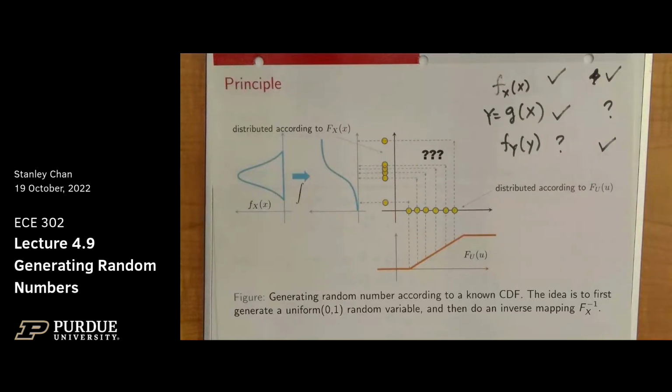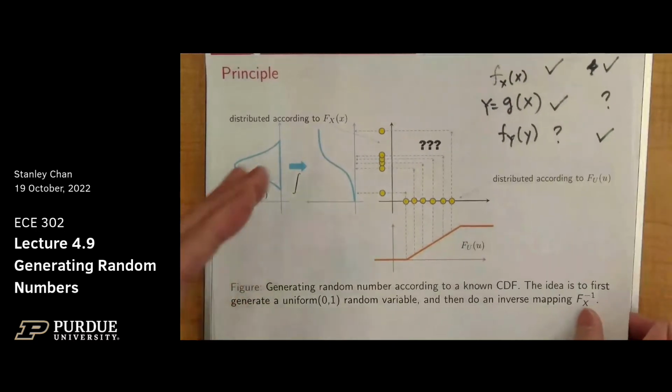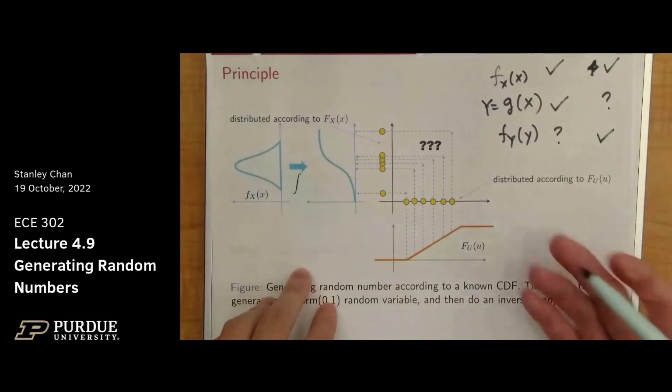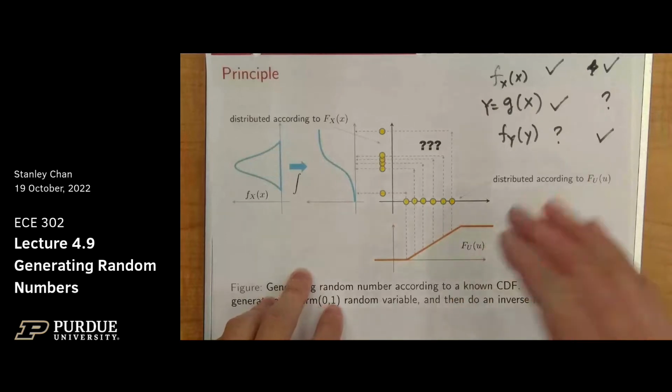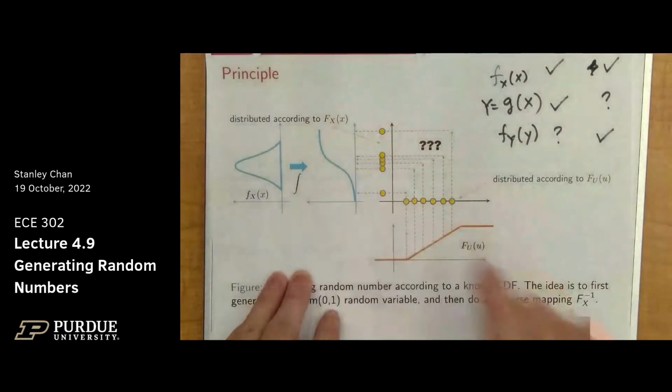So in those cases, how do you generate random numbers? The trick here is that we always start with a uniform random variable, and then we convert it through some transformation to the new random number. In this lecture, I'm going to talk about the principle of designing the transformation from this uniform random variable to the new random variable.